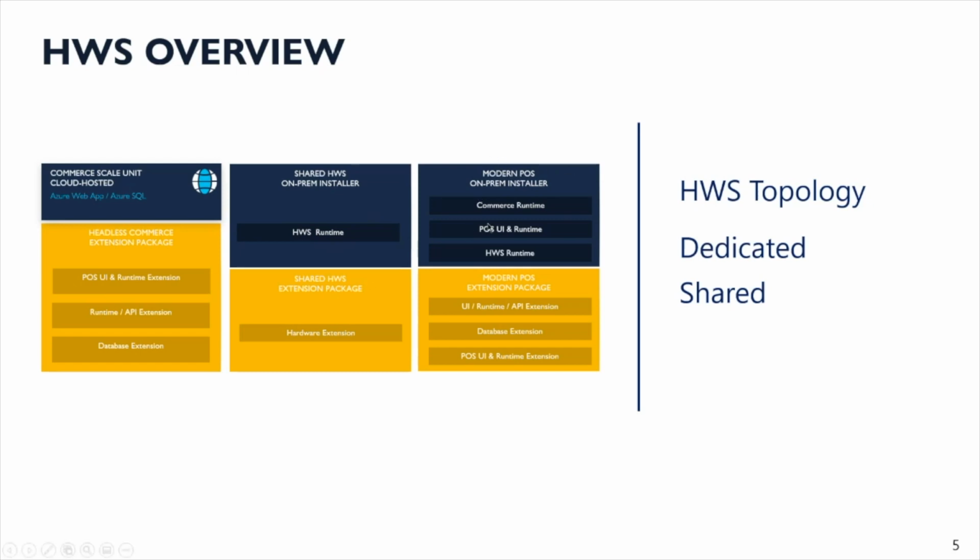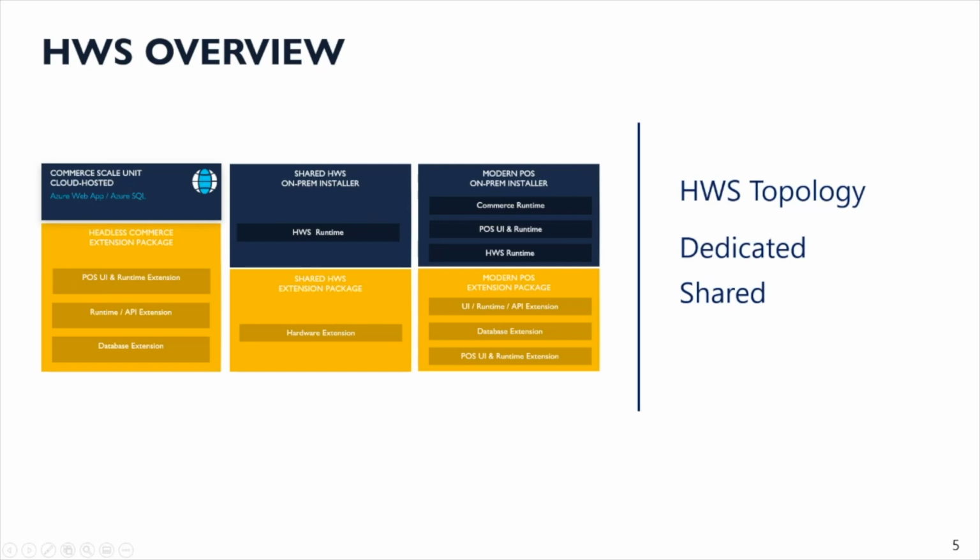Modern POS can use the dedicated, or modern POS can also connect to the shared hardware station. There may be some scenarios where you want to share a device between multiple point of sale devices. Say, for example, you have one printer which you want to use between multiple devices, or one payment terminal that you want to share between multiple point of sale devices. In that case, you can also use the shared hardware station.